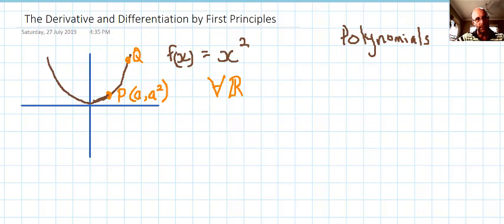Now, we have in the past called the gap here h, and I'm going to stick with that. And thus the point Q, which is further along the curve, would be a plus h and a plus h all squared.